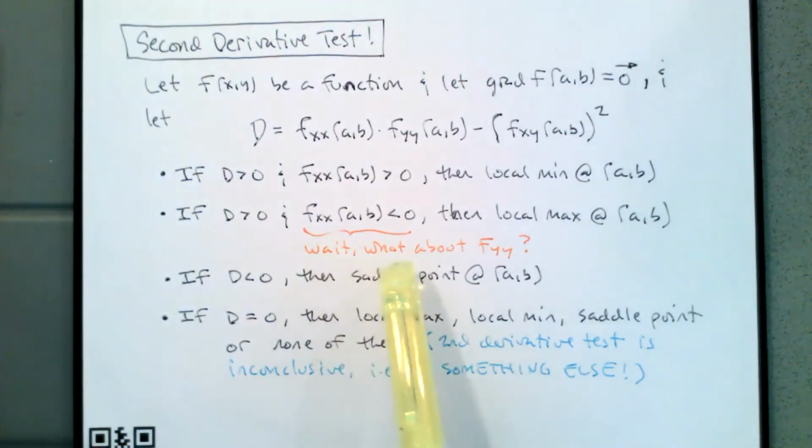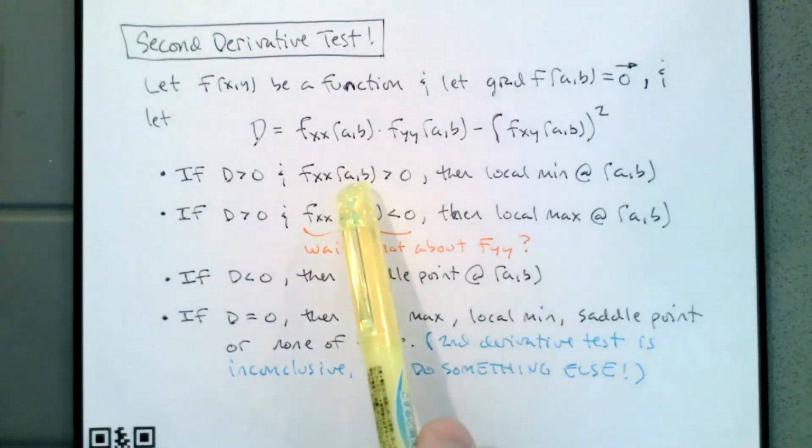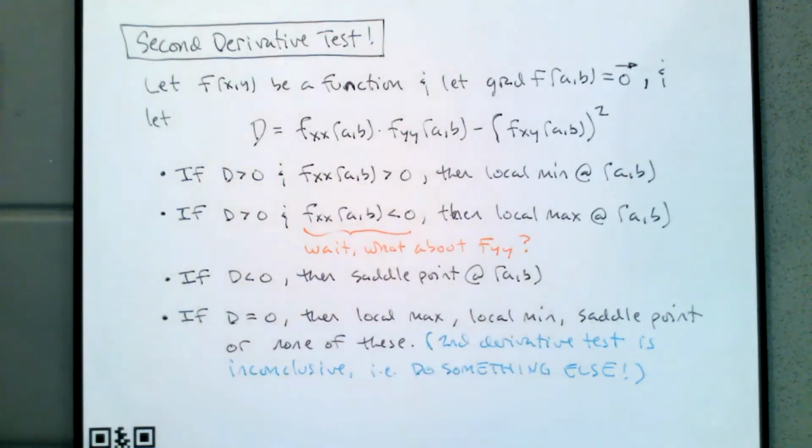So that's why we didn't worry about what's going on at Fyy. If Fxx is positive, then Fyy is positive as well. If Fxx is negative, then Fyy is also negative. So if D is positive, Fxx and Fyy must have the same sign.